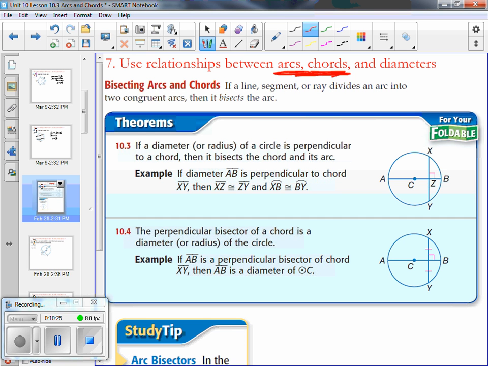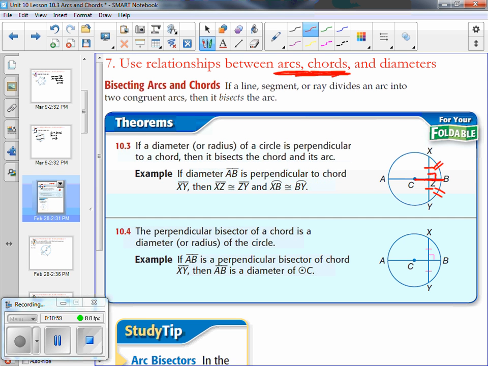So if we look at the figure here that goes with theorem 10.3, segment CD is perpendicular to chord XY. So according to this theorem, it bisects chord XY and it bisects arc XY. You with me? Okay. And then the next theorem says that the perpendicular bisector of a chord, well, look what we just did.